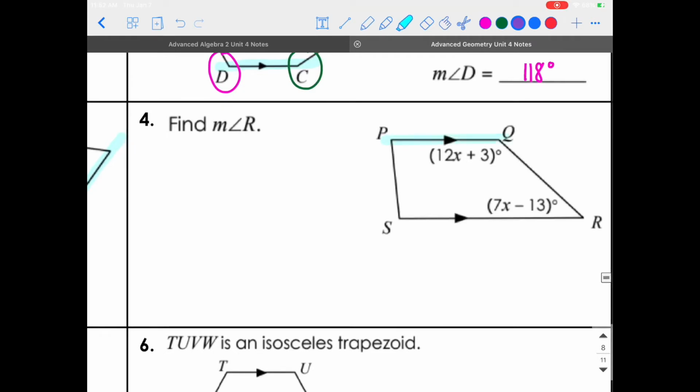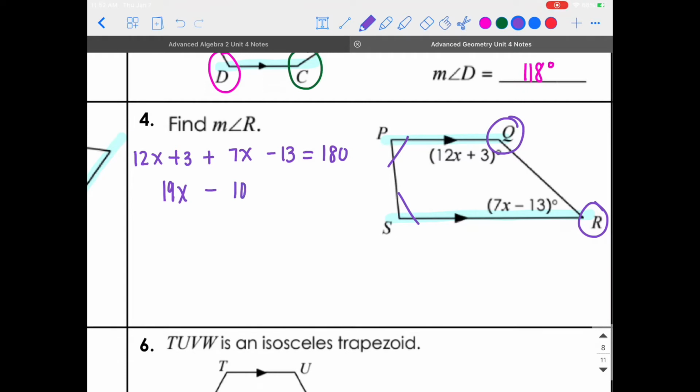Number 4, here's my parallel sides. That means that Q and R are supplementary. P and S are also supplementary, but that doesn't help us here. Q and R are supplementary, so 12x plus 3 plus 7x minus 13 equals 180. Combining like terms gives me 19x minus 10 equals 180.